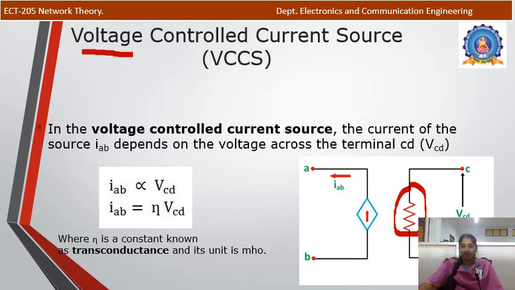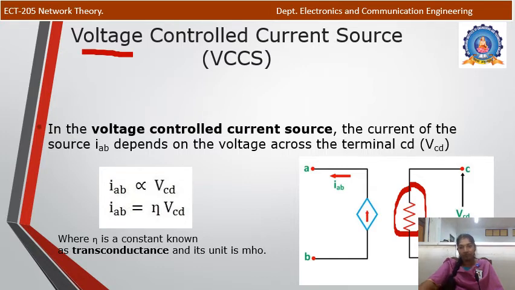The eta is some constant that is known as the transconductance. Transconductance is the reverse of resistance. We know resistance is equal to V by I, so eta is I by V. So eta is known as transconductance, and its unit is mho, the reverse of the resistance unit ohm.